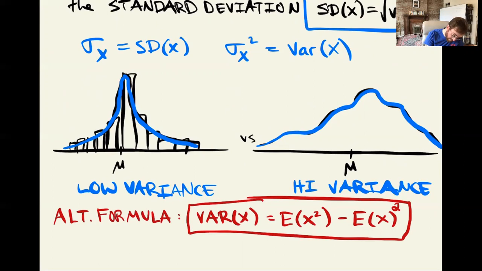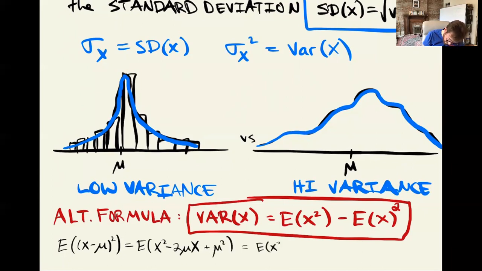For a sort of quick proof, you can kind of imagine, well, if I just take what I just told you, which is the expectation of (x minus mu) squared, I go ahead and expand it, I get x squared minus 2 mu x plus mu squared. I use linearity of expectation, I get the expectation of x squared minus 2 mu times the expectation of x plus mu squared.